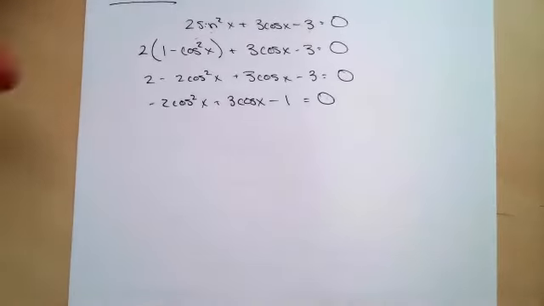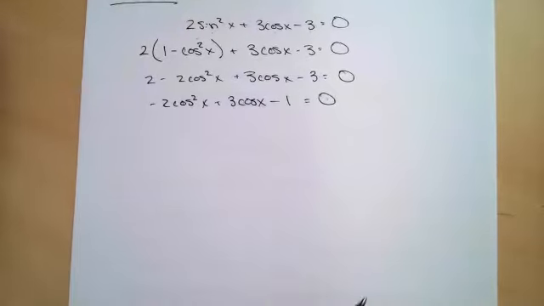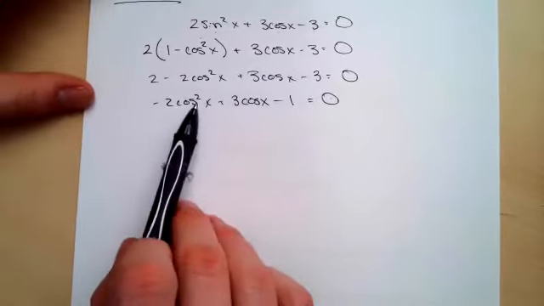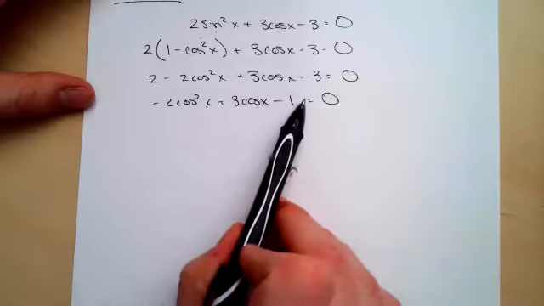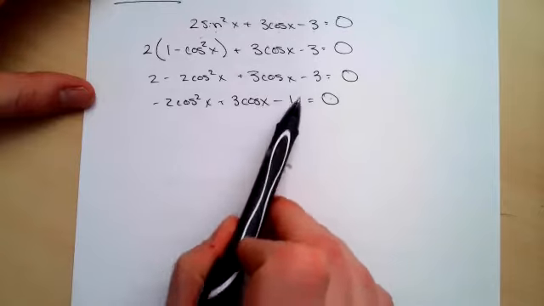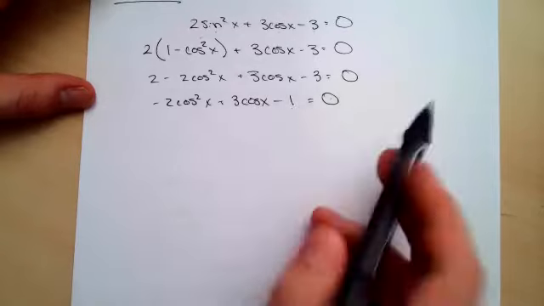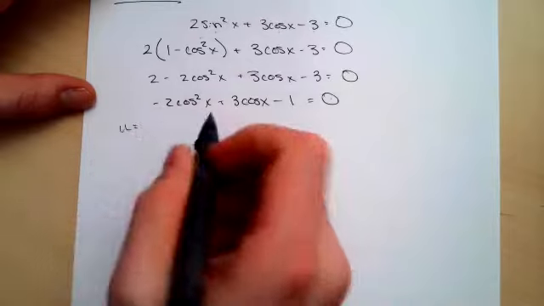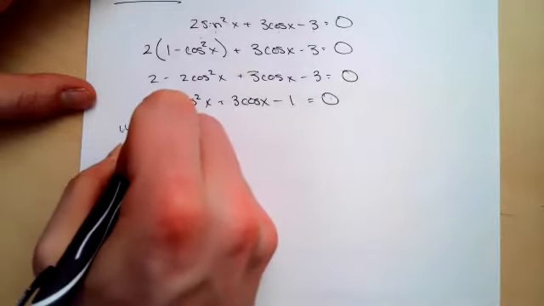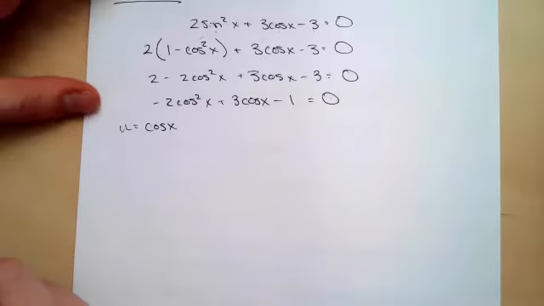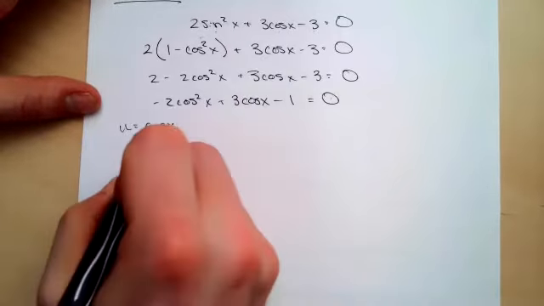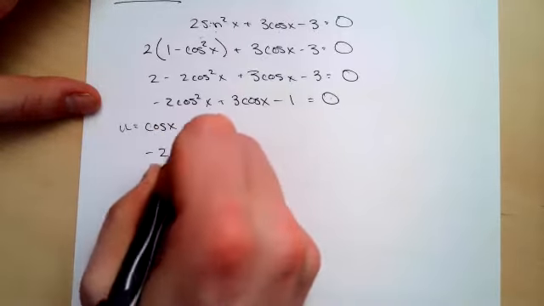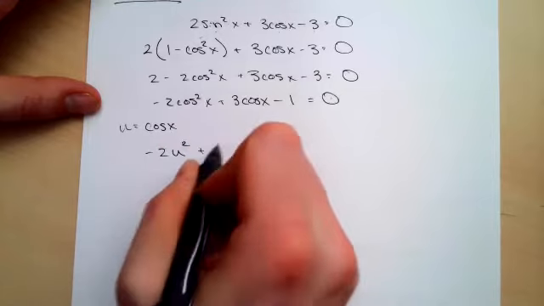And now it's as simple as we can get it at the moment with any sort of trig functions. We only have one trig function appearing, cosine, and you have to be able to recognize that it's cosine squared, cosine, and then cosine to the 0 gives us that constant. And so if we make this substitution, saying u is cosine of x, then our problem is really just a quadratic equation.